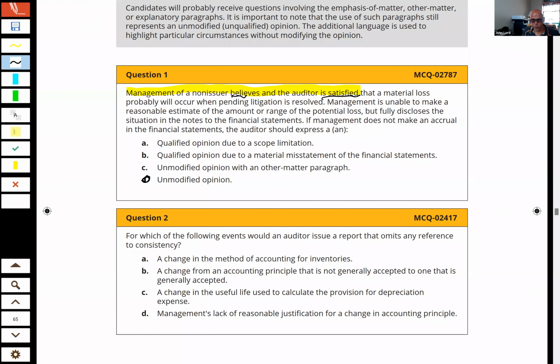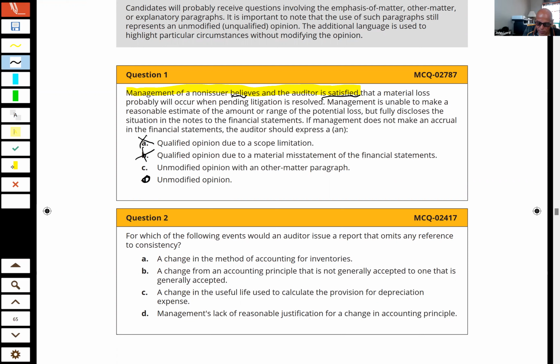That's happy. We're going to happy, aren't we? The auditor is satisfied. Remember, the auditor was what? Sad when we had what? Qualified opinions. So A and B, I can almost take out just from reading the emotions that are being articulated or feelings there that are being articulated here, okay?